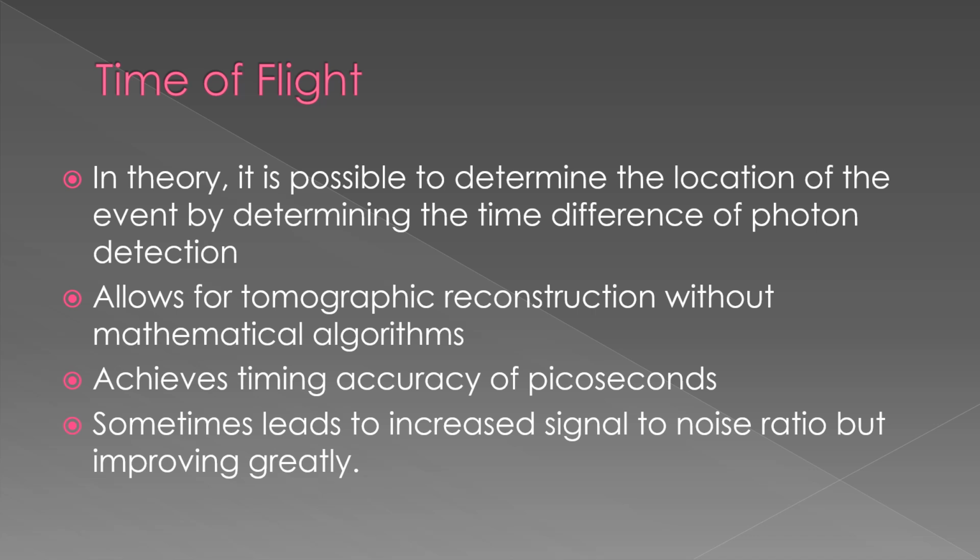But it is possible theoretically to determine the location of the annihilation event by determining the time difference between when those two photons hit detectors opposite of them on the PET scanner. This allows for tomographic reconstruction without a lot of heavy mathematical algorithms, and it achieves timing accuracy down to the picosecond. Sometimes this will lead to increased signal to noise ratio in the images, but with modern technology, it is improving greatly.